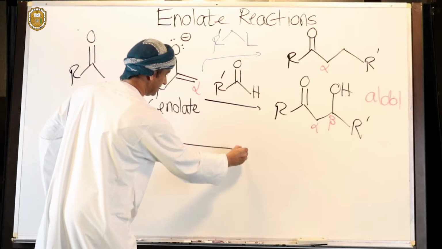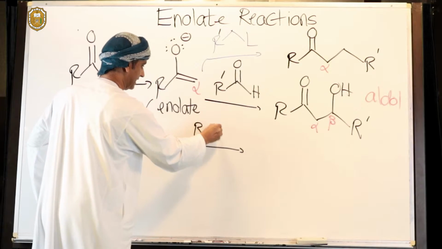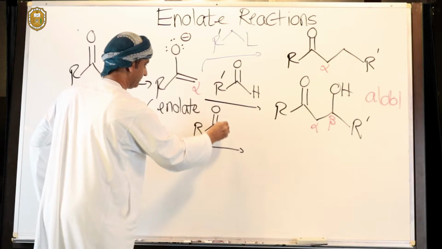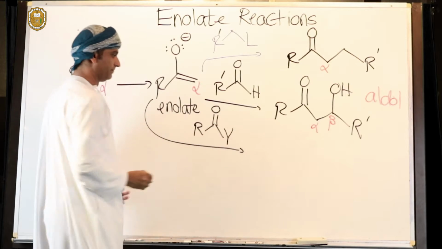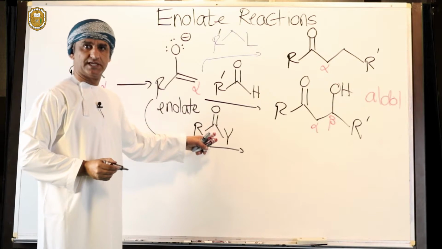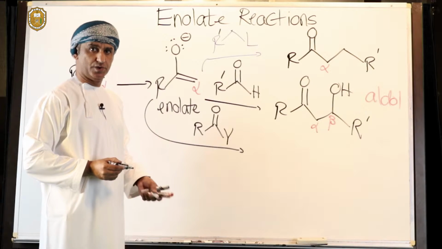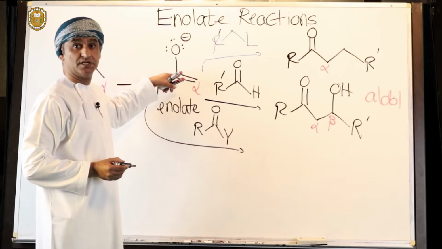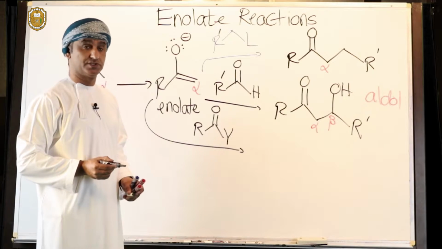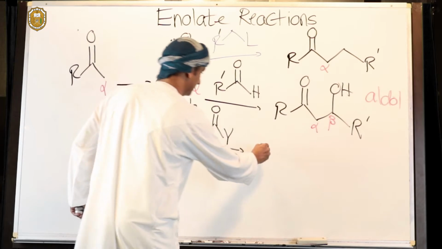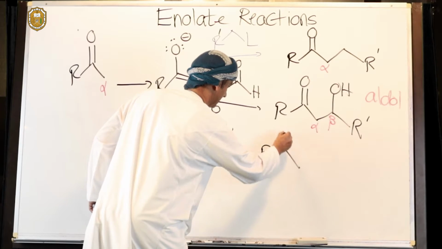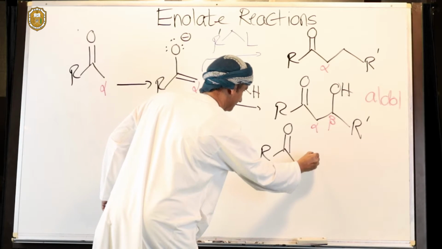If the enolate reacts with a carboxylic acid derivative, such as an acid halide, an acid anhydride, or an ester, then the enolate will do a nucleophilic acyl substitution reaction, and the product is a 1,3-dicarbonyl compound.